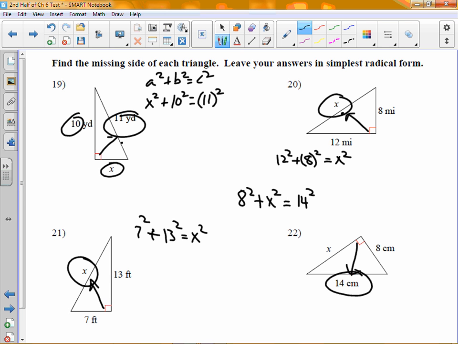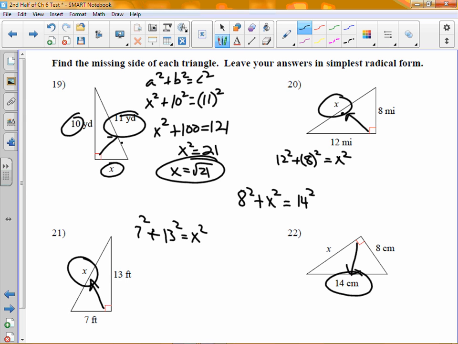Now, x squared equals 21, x equals square root of 21. Whether or not that simplifies, we still got to practice. We're not quite proficient at that yet. We still don't understand the rules for simplifying radicals.